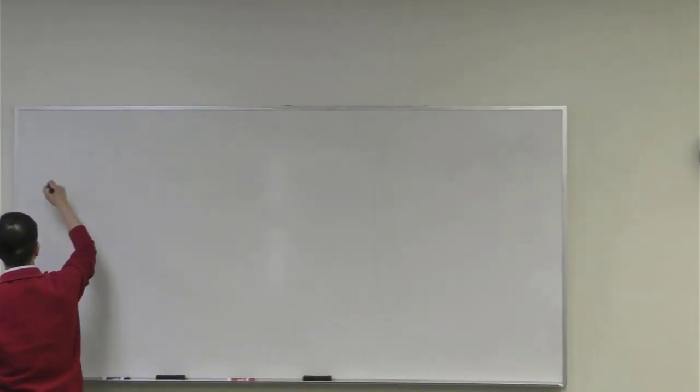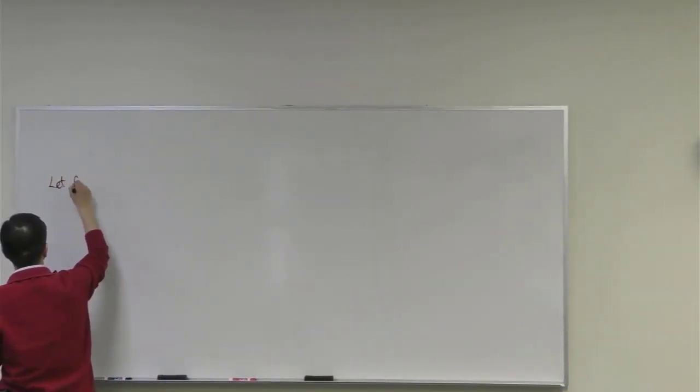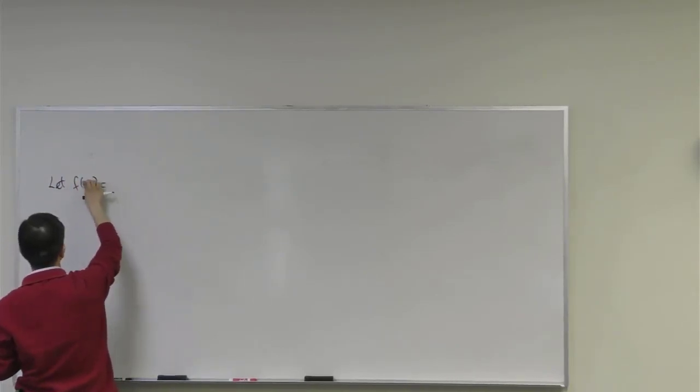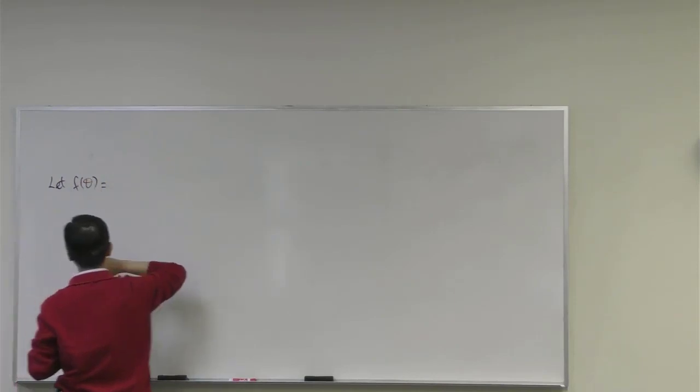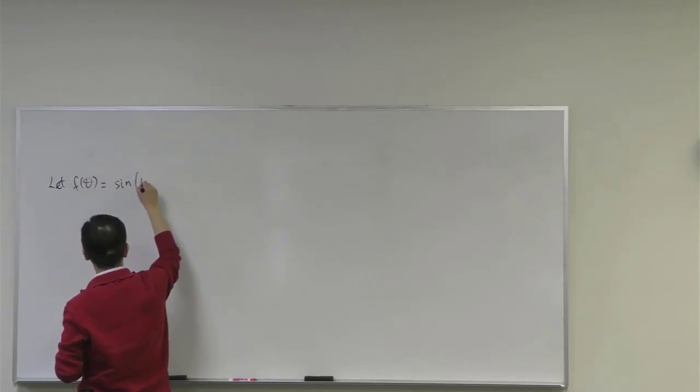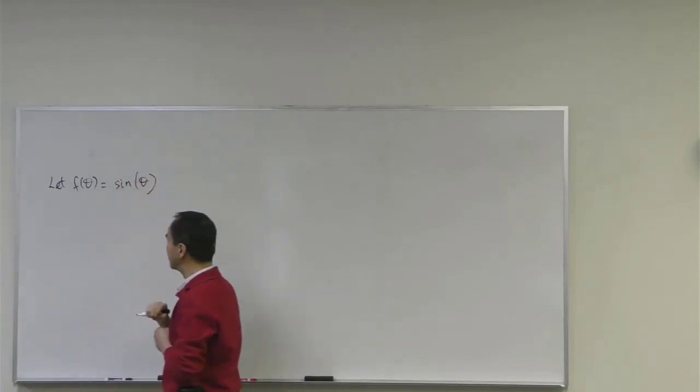For your sine of x, that f of x, or how about f of theta? It doesn't matter what the input is, but I've been using x for long enough, so I switch to theta here. So f of theta equals sine of theta, function f defined as a sine function.